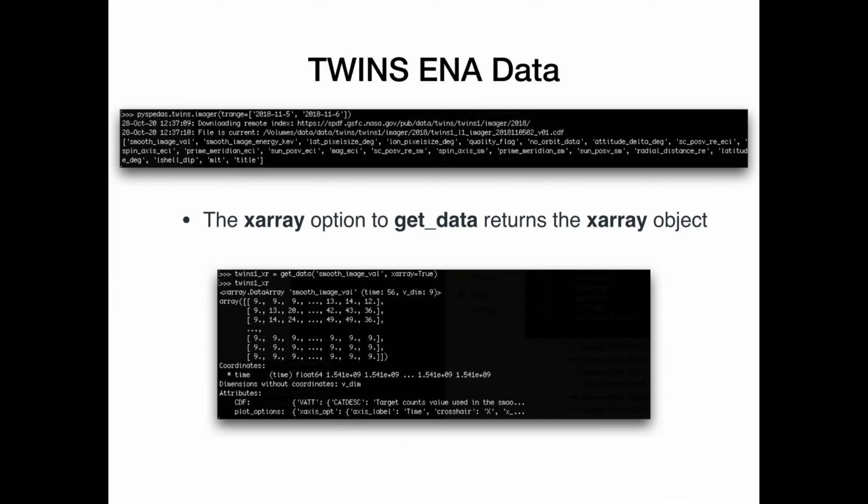So in this example, we loaded TWINS data for 1 day, and then we called get_data on the smoothed image, which is the number of counts, and we set xarray equals true. It returns the xarray object, which has the metadata and the data values. And of course, you could then work with the xarray object, doing things like time interpolation.